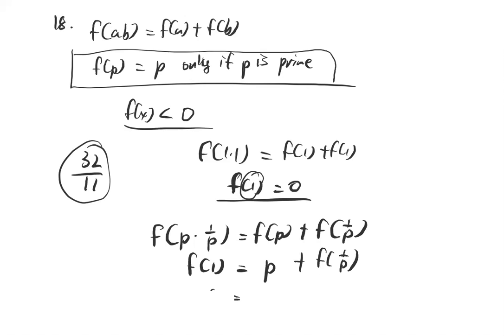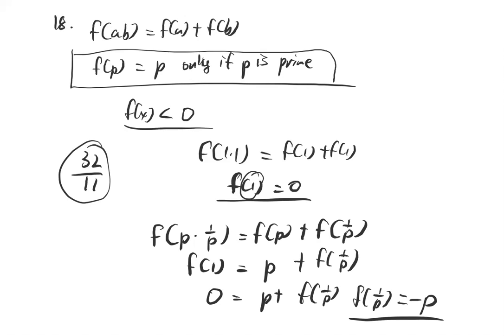We know f(1) is 0, so at the end we get f(1 over p) equals negative p. This is very important, because if you look at the answer choices, I think all of them are fractions, so obviously you want to take the fraction part out. So I'm going to explain why f(32 over 11) is smaller than 0.